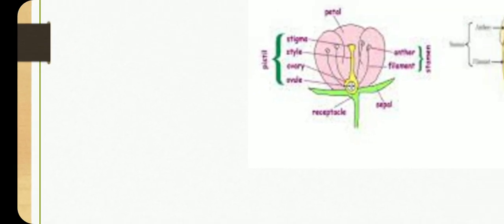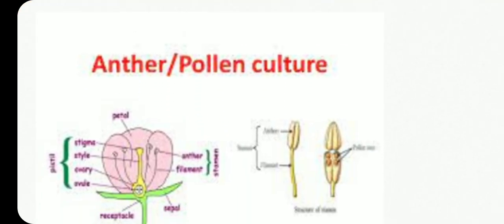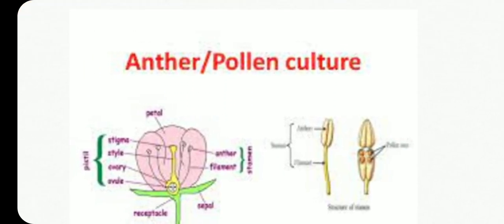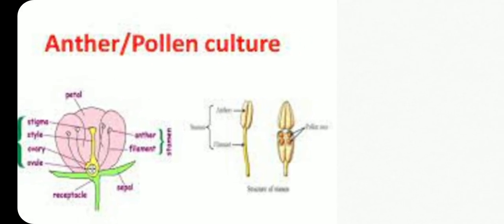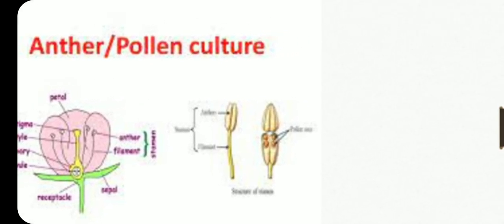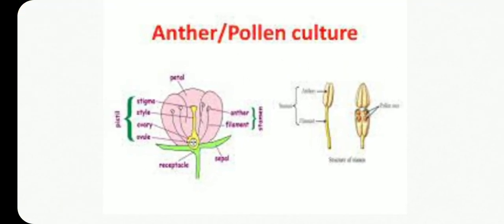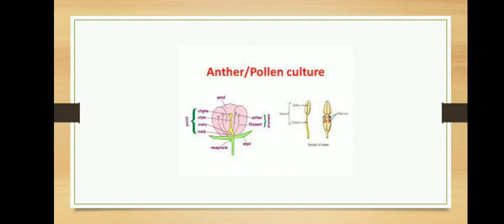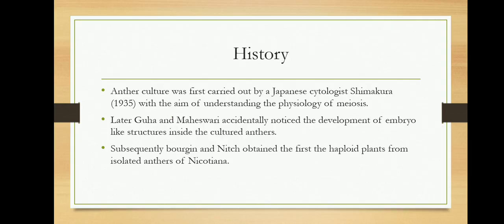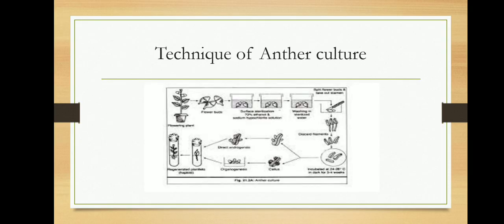Here you can see the anthers, anther lobes, and within the anther you can also see the microspores. These dark yellow color parts are the microspores. Here the culturing of this part in vitro conditions on a suitable nutrient medium is called as anther culture.